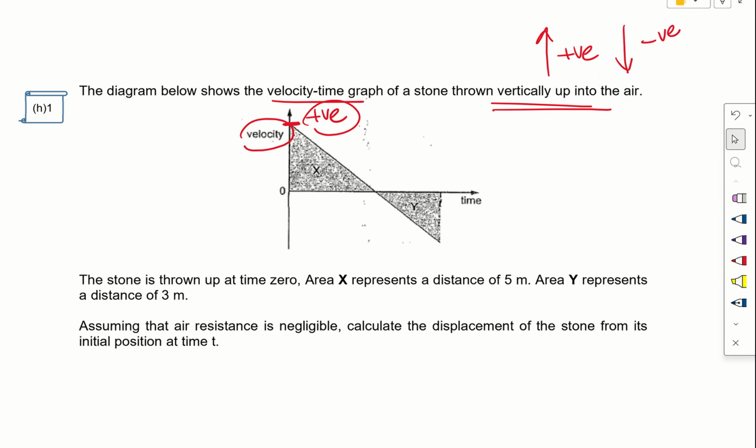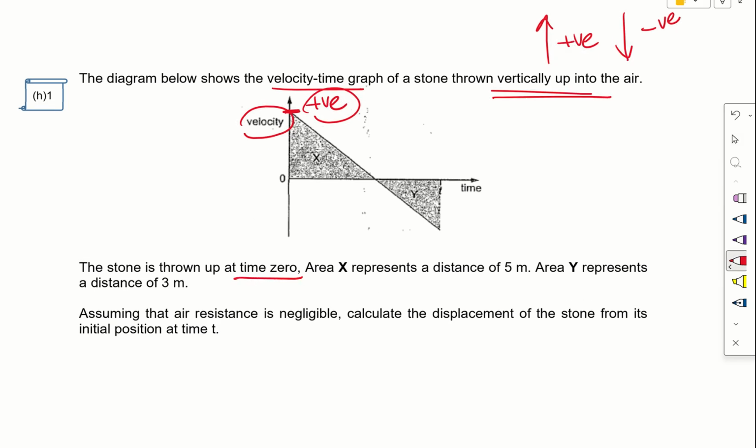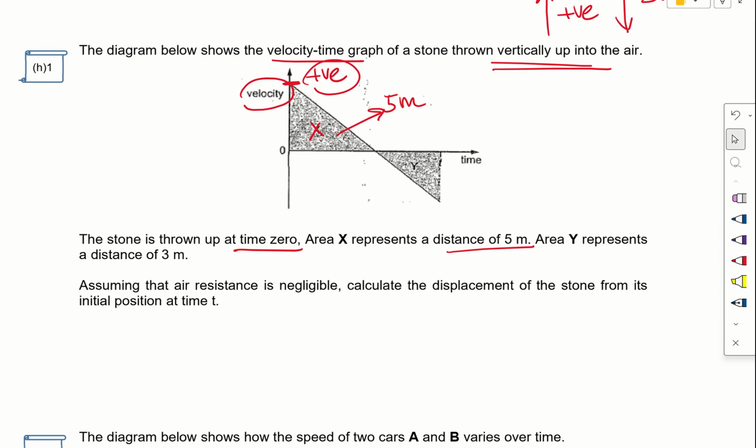Okay, so the stone is thrown up at time 0. Area x represents a distance of 5 meters. Area y represents a distance of 3 meters. So it went up 5 meters, and it came down 3 meters.